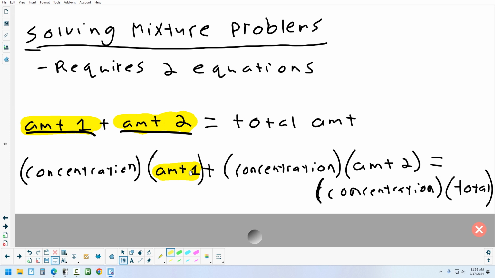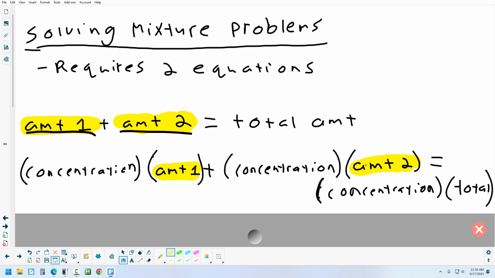So if this was the 70%, the concentration is 0.7. You have to make the concentration a decimal, just like we did yesterday with the interest. So 0.7 times some amount. The other concentration will be given to you. I think I said 90%. So it would be 0.9 times some amount, which you don't know.